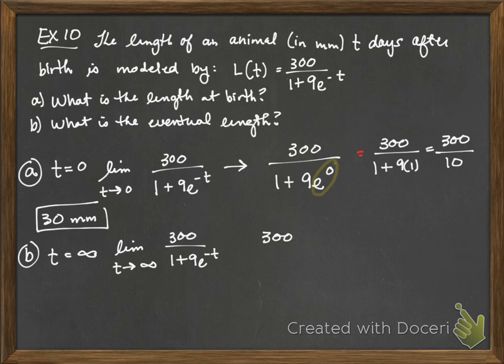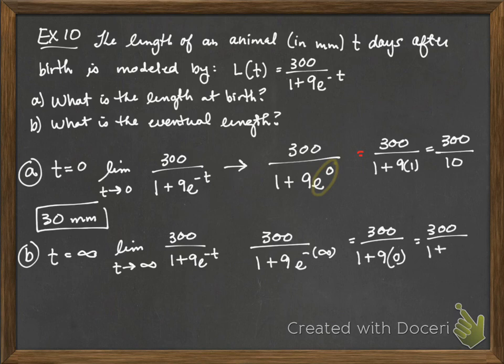So we get 300 over 1 plus 9e to the negative infinity. I know e to the negative infinity, if you remember, is 0, right? So this becomes 0. So I get 300 over 1 plus 0 in the denominator. So 300 divided by 1 is 300. So the answer to this is going to be 300 millimeters.